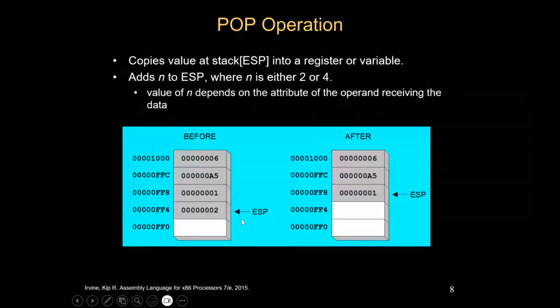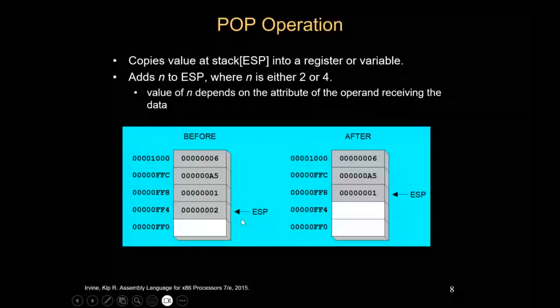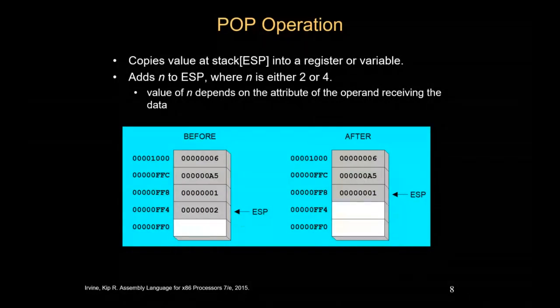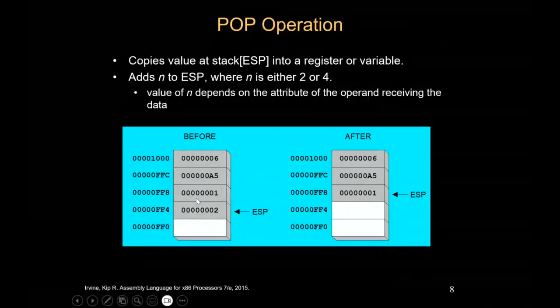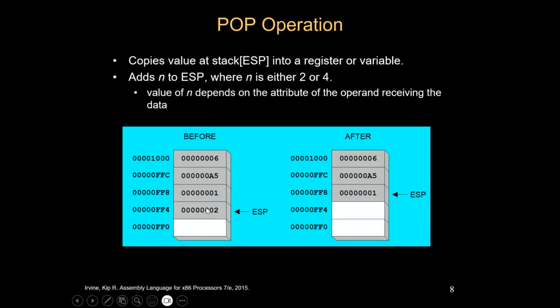Remember, we are going to pop. It means we remove something from the stack, and the stack uses the LIFO structure, last in, first out. So the ESP is pointing to the last added value in the stack.